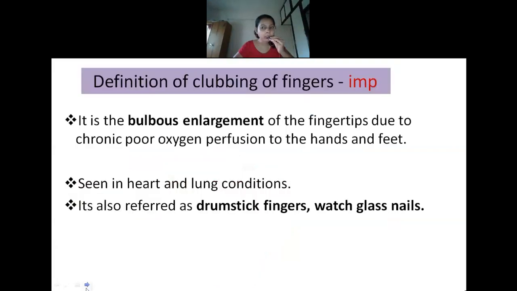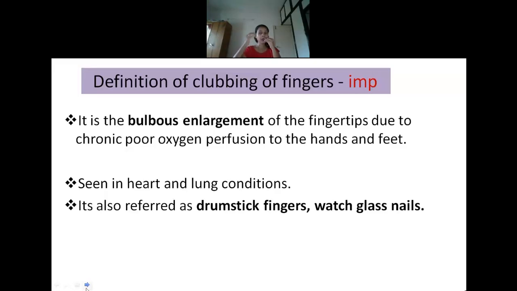Now we'll move on to the definition of clubbing of fingers. Clubbing of fingers means the distal end of the fingertips becomes bulbous. Why does it become bulbous? Why is there clubbing of fingers? That also I already told. It is mostly because of chronic hypoxia conditions. What happens in hypoxia? There is decreased oxygen, decreased perfusion.